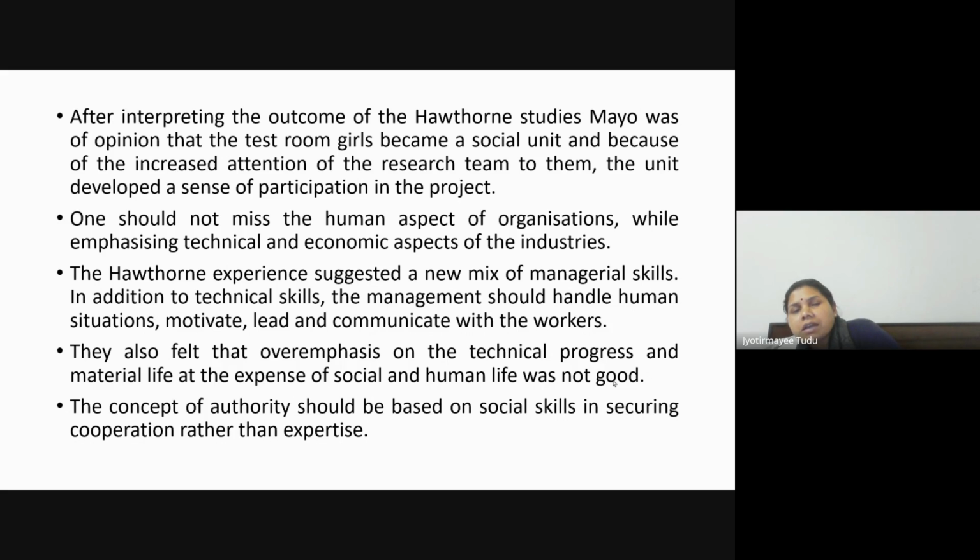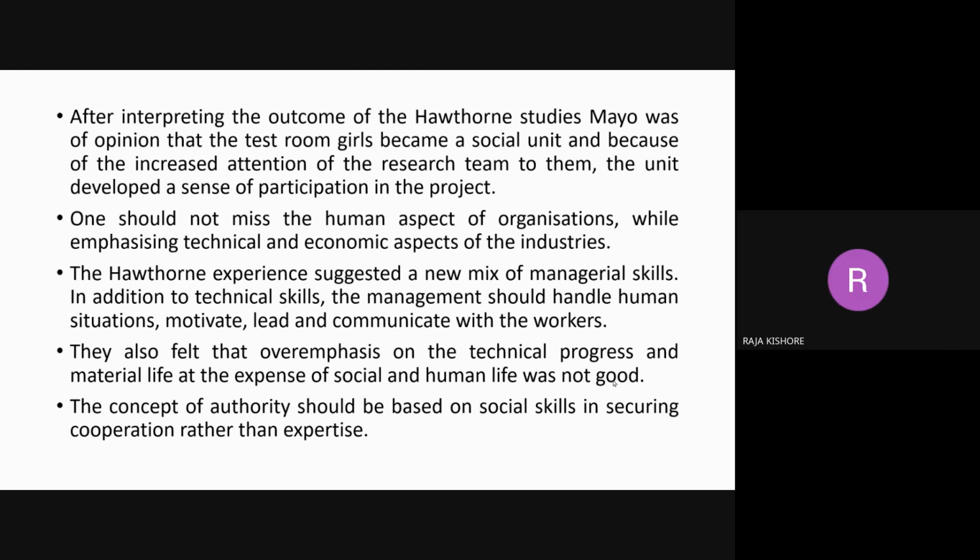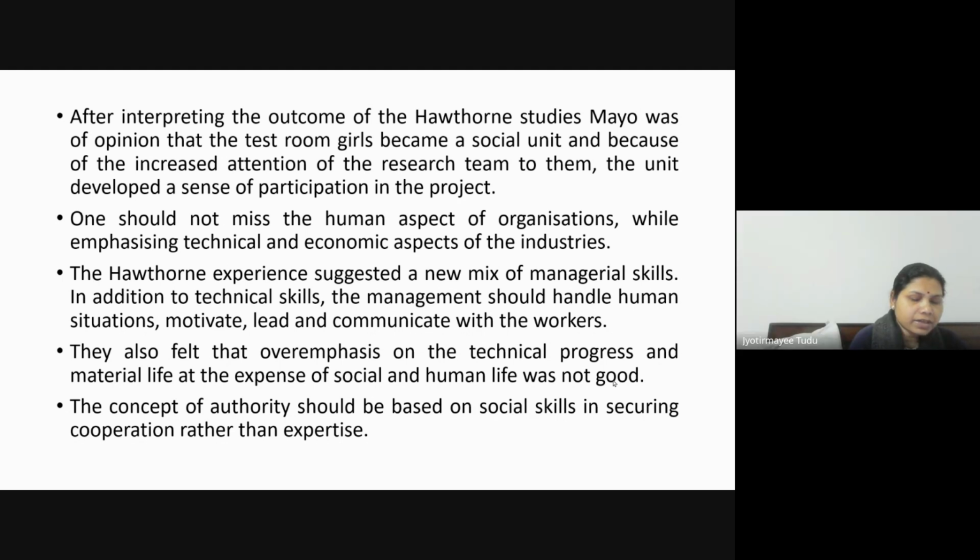So, here somehow it is providing an alternative understanding about the role of management under scientific management theory. That under scientific management theory, the management actually knows everything, so it has the ability to decide who could be the best worker for the organization.